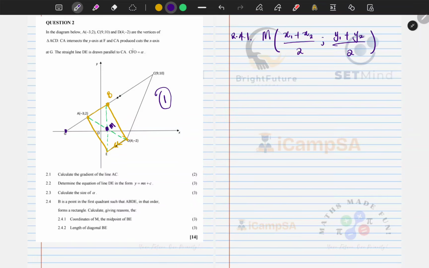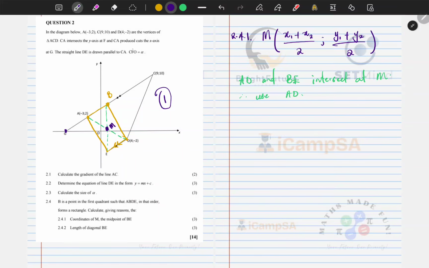So your AD and BE, they intersect at M, and therefore we can use AD.